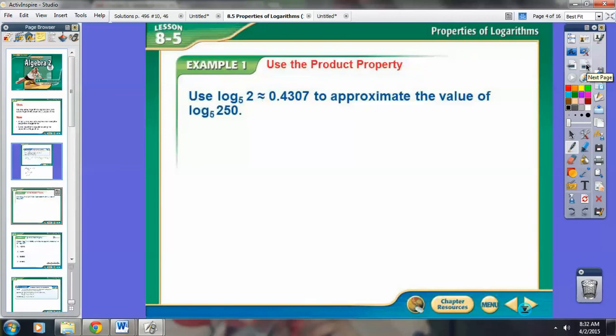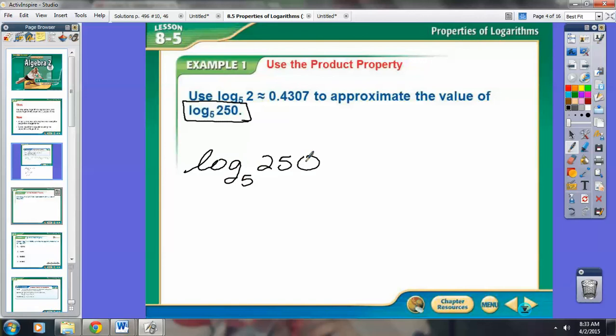Here's our first example. It says use log base 5 of 2 is approximately 0.4307 to approximate the value of log base 5 of 250. So what they're wanting us to find is this right here. They want us to find log base 5 of 250. And we can't type this into our calculator because our base is 5.